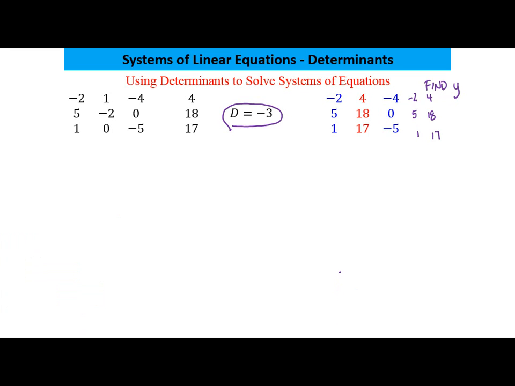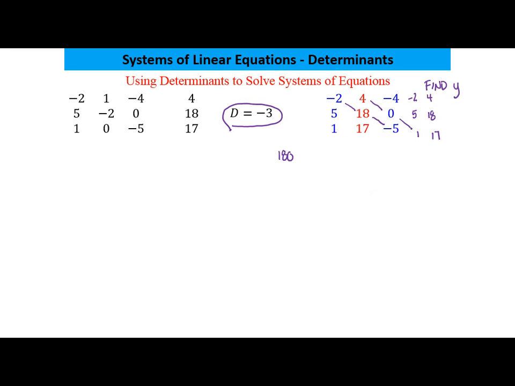Okay, I'm not going to write the steps out. We're supposed to multiply going down first. Our first number is 180. Now keep multiplying down.